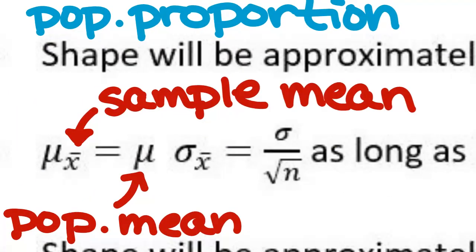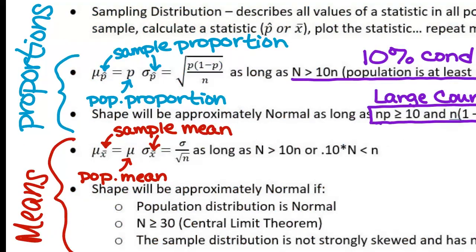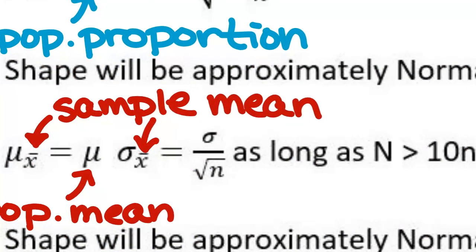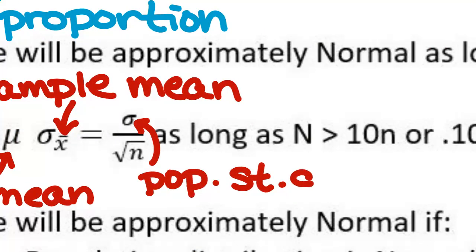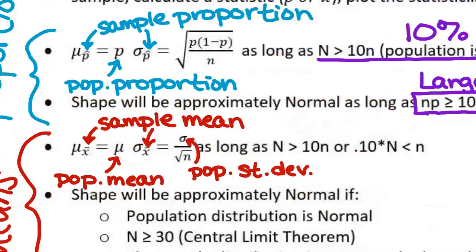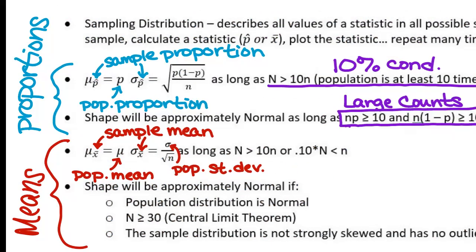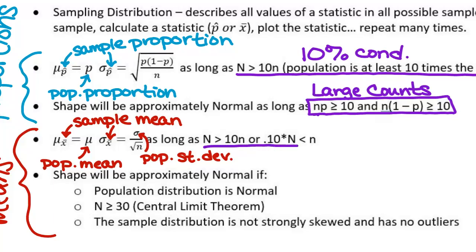And the standard deviation of the sample mean is equal to the population standard deviation divided by the square root of n, as long as we have our 10% condition met.